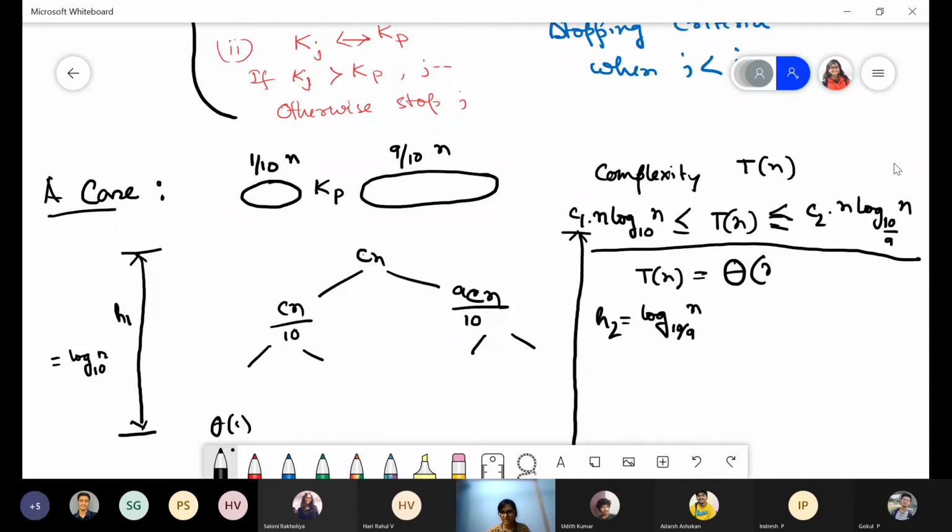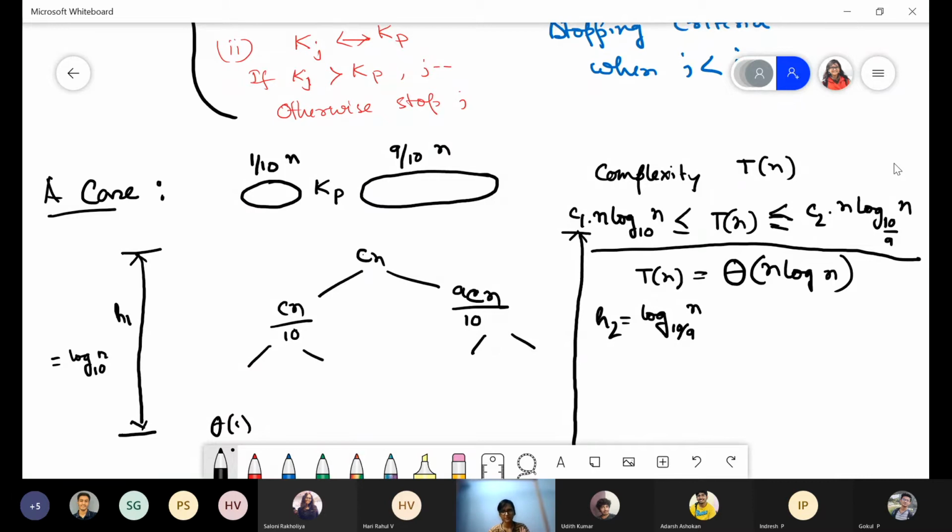theta of n log n, because whatever this base is, we can take that as a constant and add it with this C2, making a new constant. So it will again come to this log n only. That is the benefit of using this asymptotic notation.